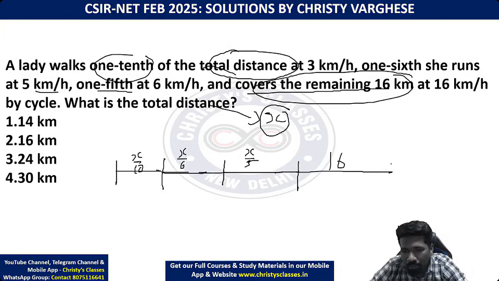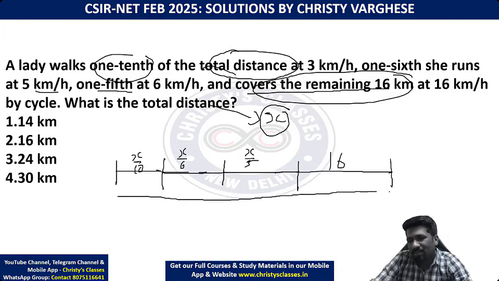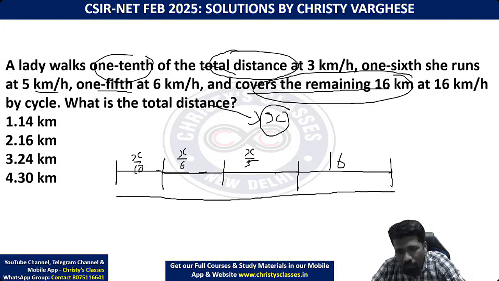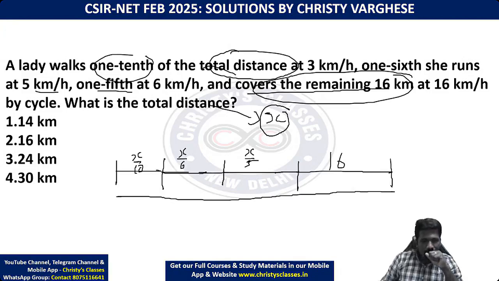मतलब ये सब ऐड किया तो क्या मिलना चाहिए? All of you tell me. All of you please respond in the chat. Those of you are watching this in YouTube, please comment what should be the total distance, or what should be the sum of all these partitions?